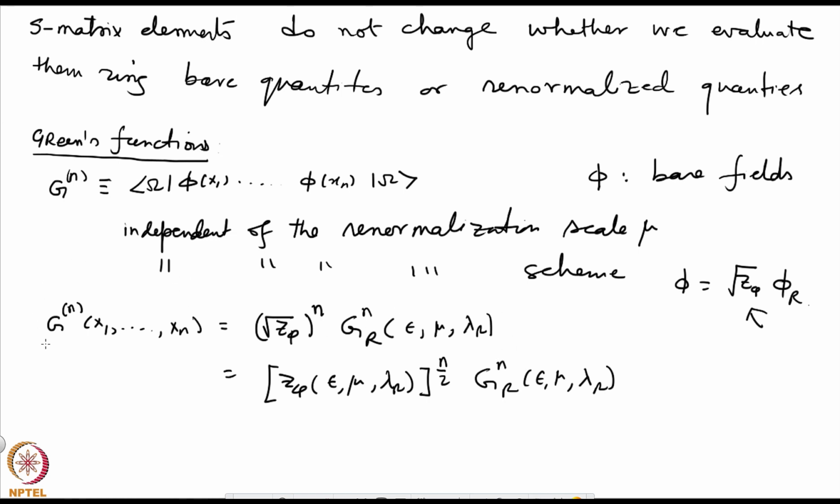Okay, see, since the left hand side is independent of all this mu and scheme and all these things, but G depends on it, so that the dependence in G has to be cancelled by the dependence in Z. So Z also has to depend on all these variables, epsilon, mu and lambda r and mr also. I should have written mr also.